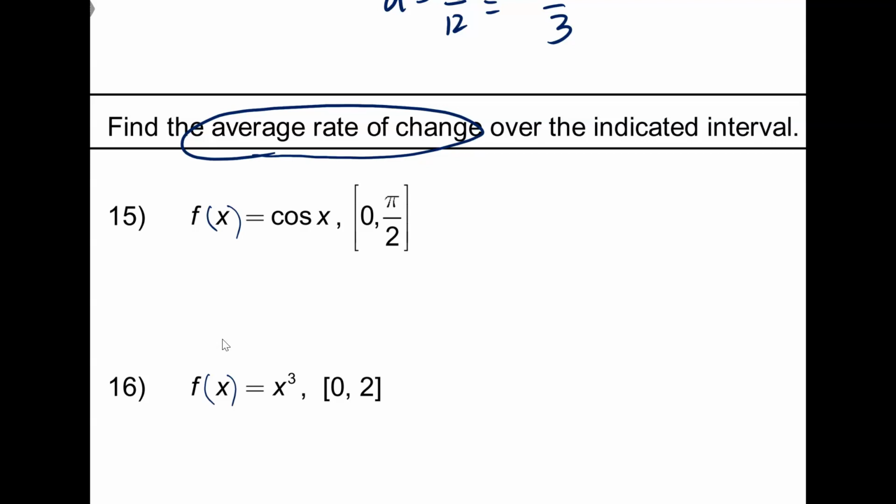Rate of change is secant. Rate of change literally means slope. So for average rate of change, you're using the slope equation: f of pi over 2 minus f of 0, all over pi over 2 minus 0, because it's average.